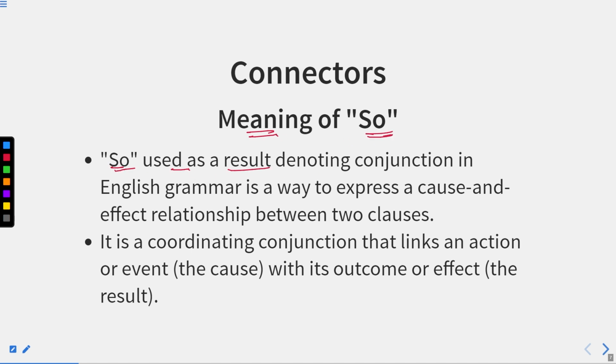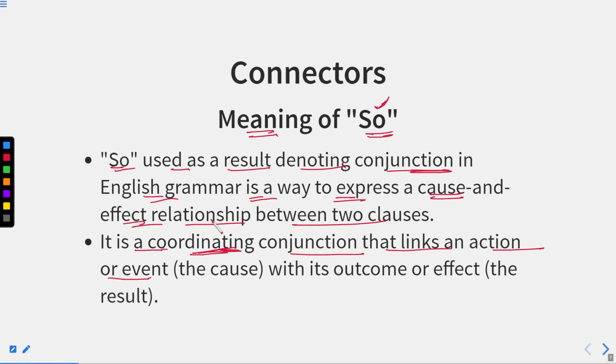So is used as a result denoting conjunction. It means so is a conjunction in English grammar, a way to express a cause and effect relationship between two clauses. It is a coordinating conjunction that links an action or event. Now, what do you mean by coordinating conjunction? A coordinating conjunction is a single conjunction that joins two sentences together which are of equal rank.